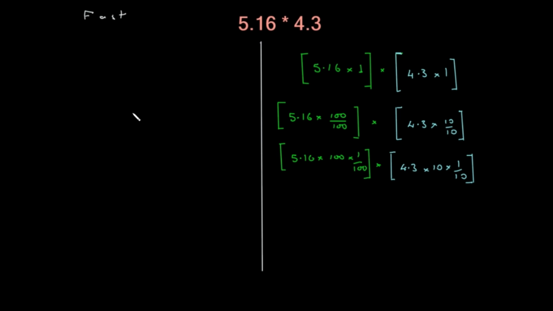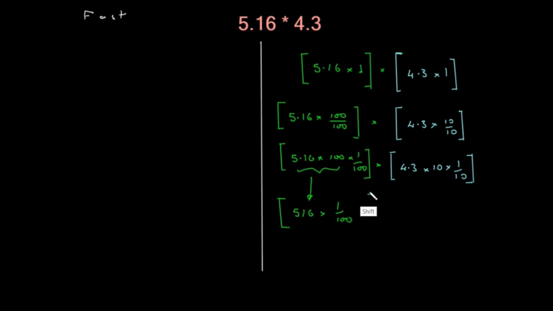Alright, let's now take it to the next stage. We have, let's apply the 100 times that. So we have 516 times 1 over 100. That is that. And we have here, oh, one minute, I need to close the bracket, don't I?